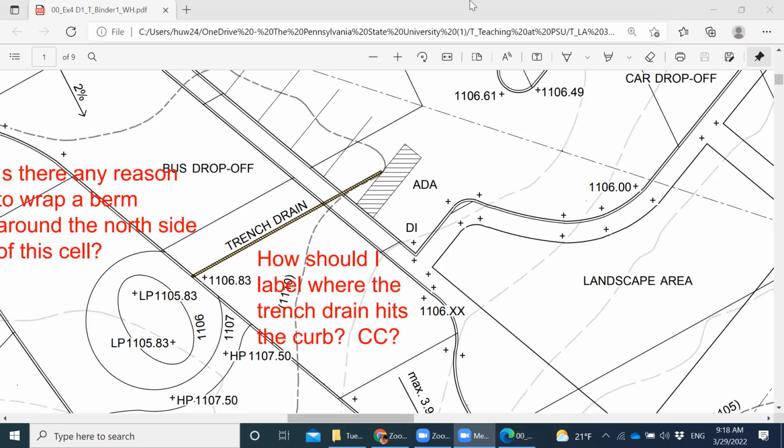That line is not necessary because now that your contours are angled toward your sidewalk, you don't really need this portion to collect water. This will serve as your curb cut, but it's not necessarily a curb cut per se because you don't have that opening, right? So basically this goes into the trench drain.